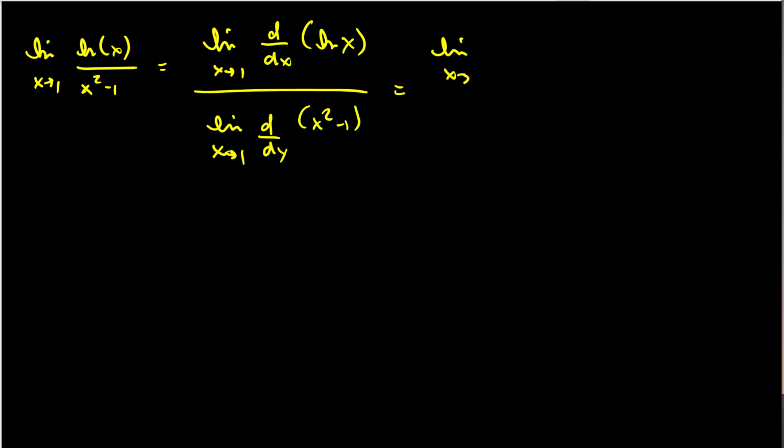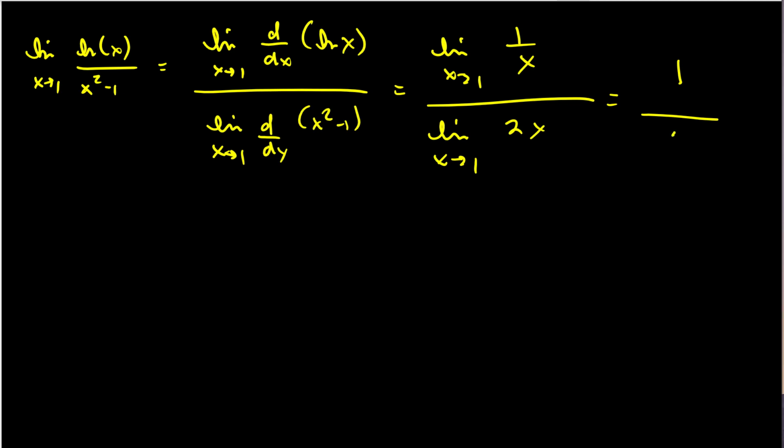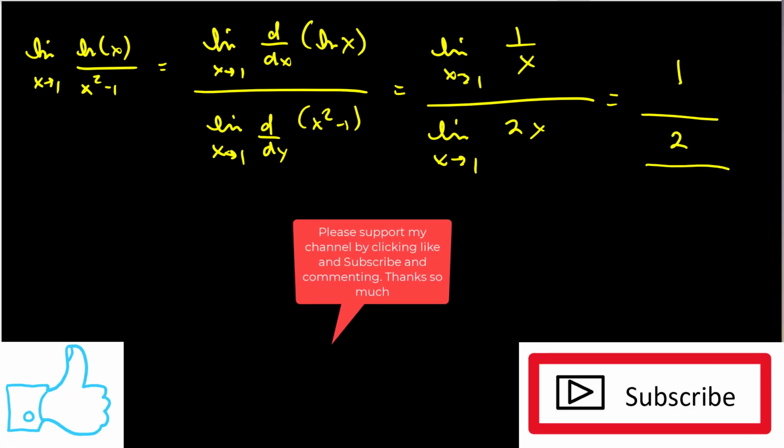So we proceed, we say limit as x tends to 1, the derivative of ln of x is just 1 over x, and the derivative of the bottom, the derivative of x squared minus 1, is just 2x. Now if we evaluate the top, the limit as x tends to 1 of 1 over x, that's just 1. And the bottom, the limit as x tends to 1 of 2x, that's 2. So our answer is 1/2.